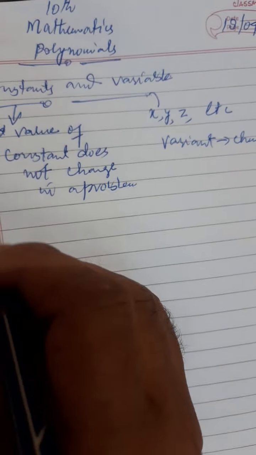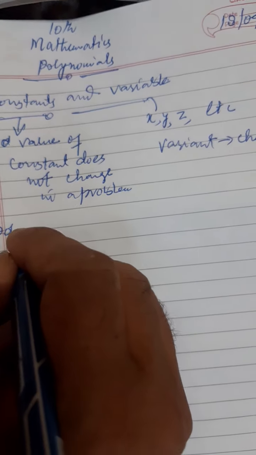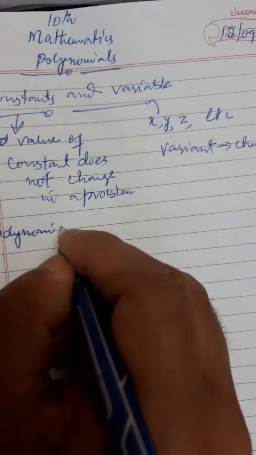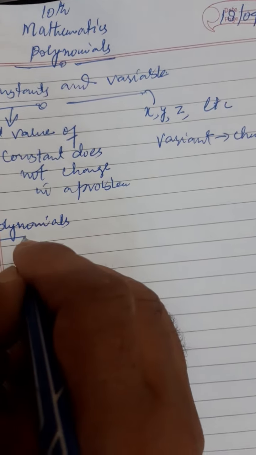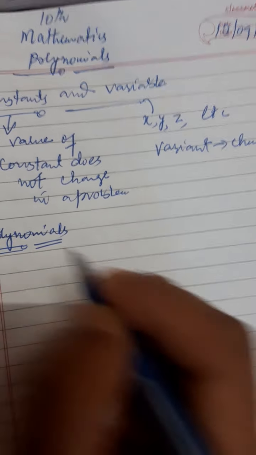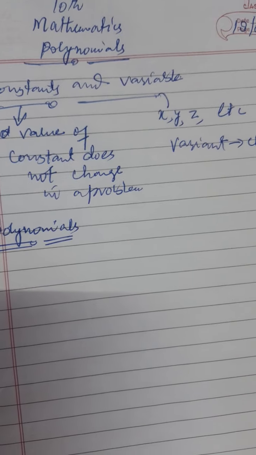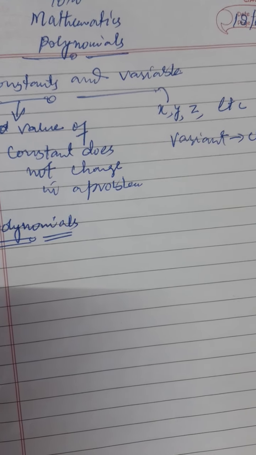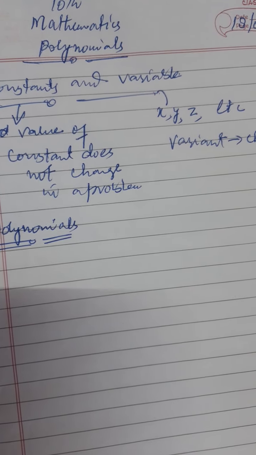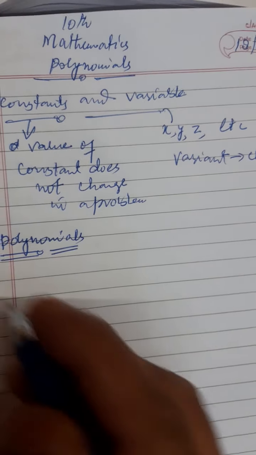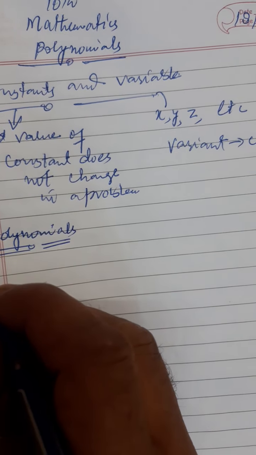Thereafter we have the polynomials. Dear viewers, in the word polynomial, poly means many and nomial means term. It means a many-termed expression makes a polynomial. Right now I will write the definition of the polynomial.